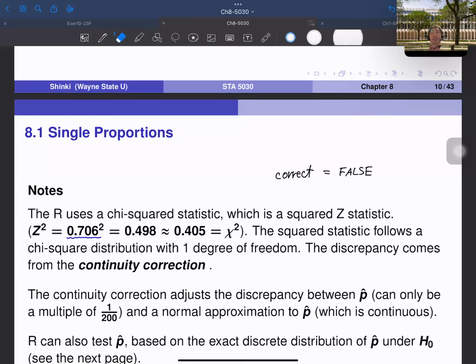Sometimes packages do some more corrections, so I don't know if it's exactly the same as this, but at least if you specify the option correct equal to false in the prop.test function, then you get the same answer as 0.498. Yeah, that's a good question.